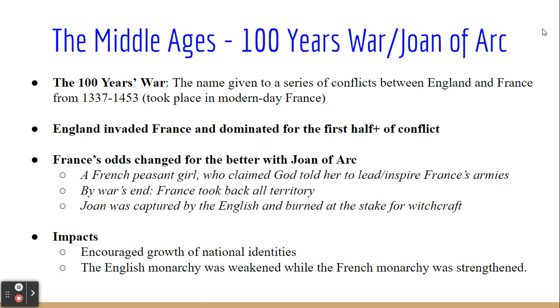And I would certainly say national identities and ethnic pride is central to Europe today. And then obviously the English monarchy was weakened with the French success by the end of the Hundred Years' War, and the French monarchy, with kings around the corner like Louis the 14th or Louis the 16th, their strength and power is going to be strengthened because of this war.